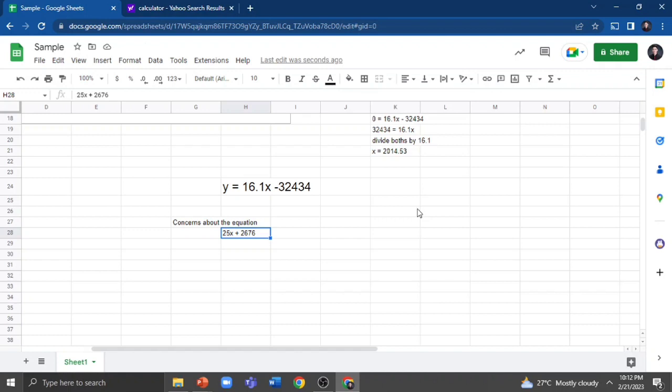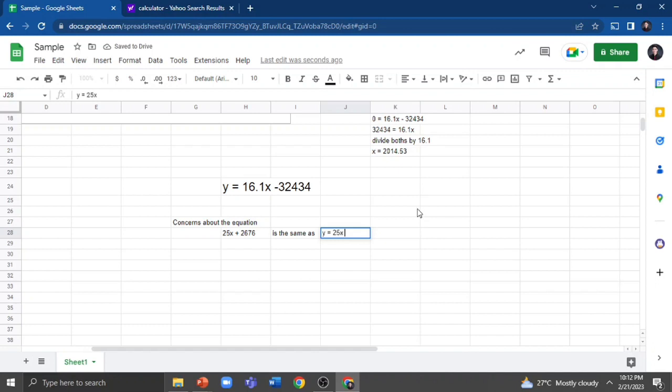So this one right here, 25x plus 2676, is the same as y is equal to 25x plus 2676. Basically, the dilemma there is that the y wasn't included. So I have to clarify it as early as now.